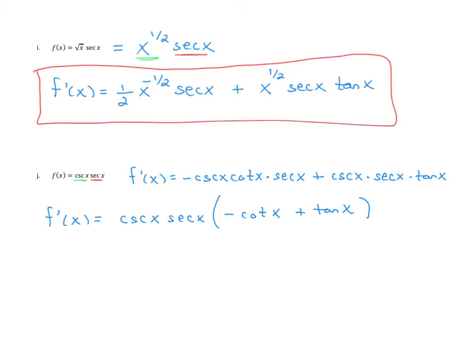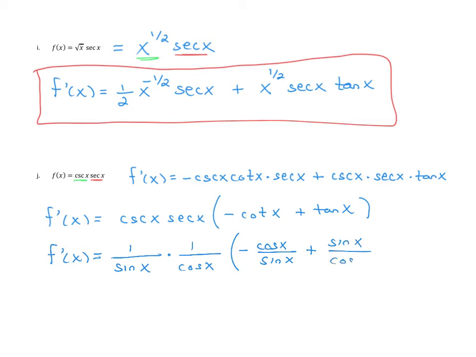So I'm going to replace everything in terms of sine and cosine. All right, well, the definition of cosecant is 1 over sine of x, and the definition of secant is 1 over cosine of x. Okay, negative. The definition of cotangent is cosine x over sine x, and tangent is sine x over cosine x.